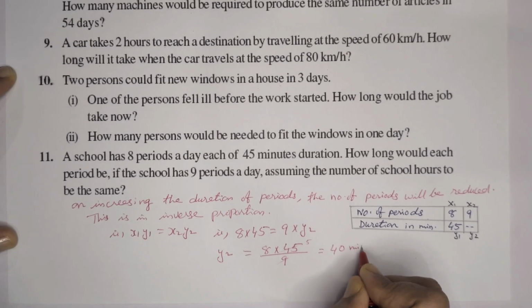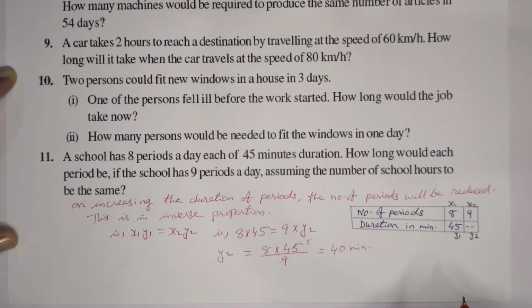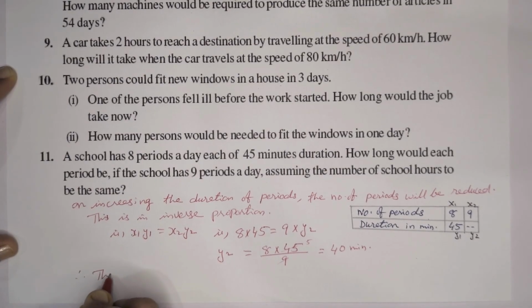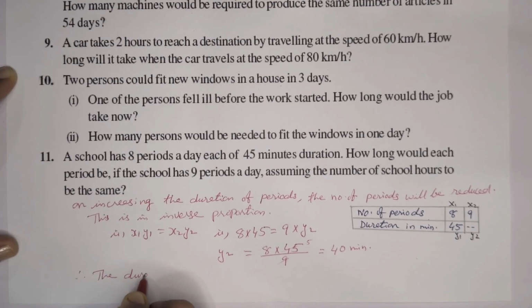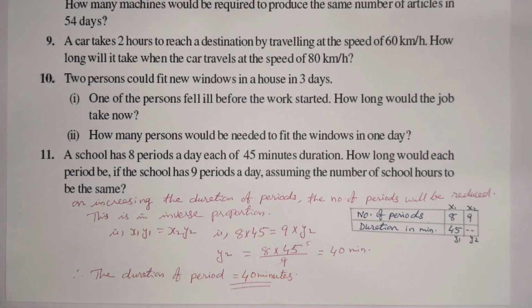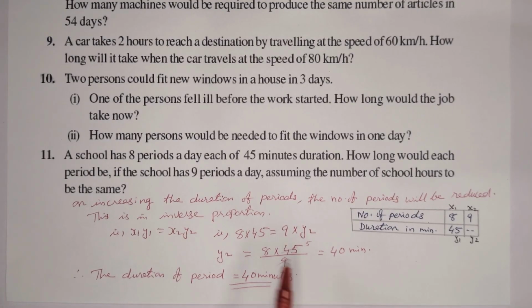That means the duration is 40 minutes. So we can write, therefore the duration of the period is equal to 40 minutes. That means 9 periods each with 40 minutes.